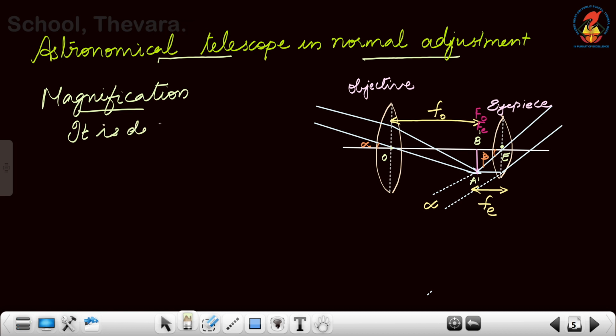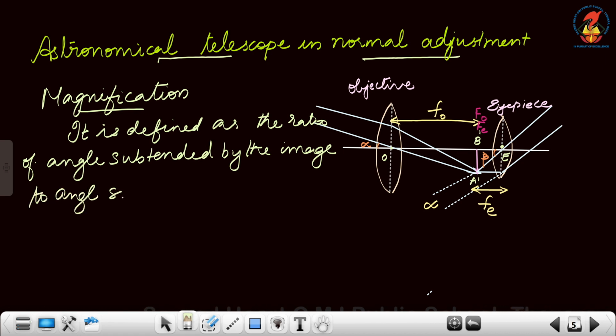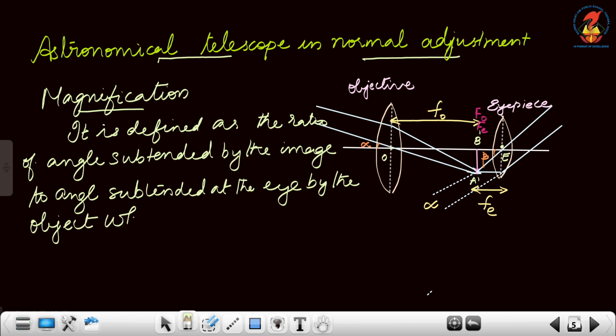It is defined as the ratio of the angle subtended by the image at the eye to the angle subtended at the eye by the object, when both the image and the object are at infinity.